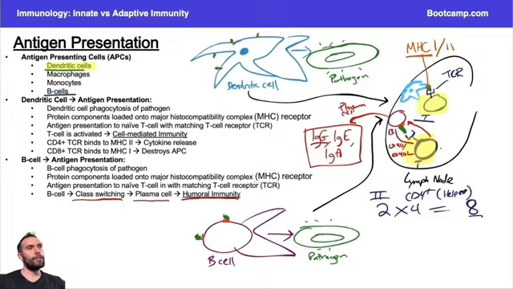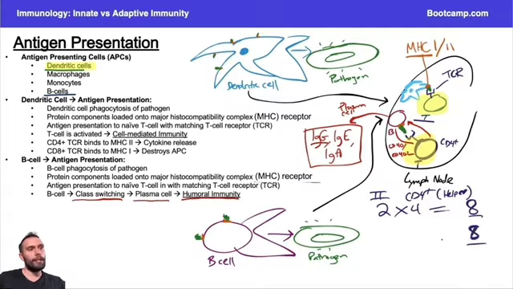So the helper T cell in this case would have been a CD4 positive T cell because the B cell loaded it on MHC2. And we want helper T cells to release cytokines to help stimulate these B cells to turn into plasma factories. Okay, so that's how you remember. If anything is loaded on MHC2, it's going to bind to CD4 positive T cells. Those are the helper T cells.